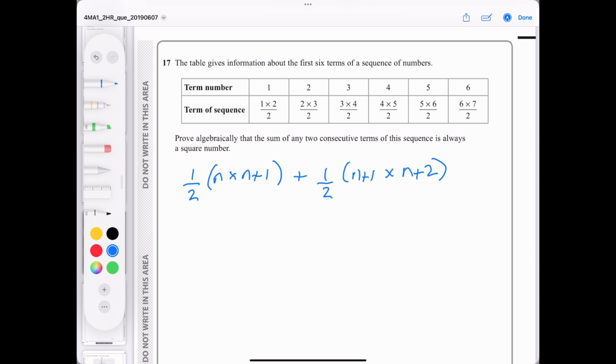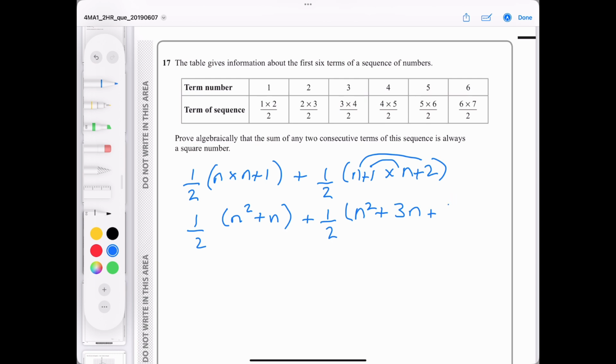Right, now let's do this. So it's half n squared plus n plus half, and that would be n squared plus 1n plus 2n, so 3n. There we go. And then plus 3.